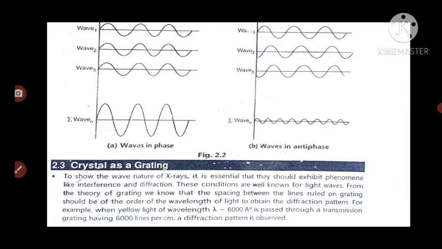Now the next point: crystal as a grating. Why do we say that? Because of the nature of X-rays, it is essential that they exhibit the phenomena of interference and diffraction.